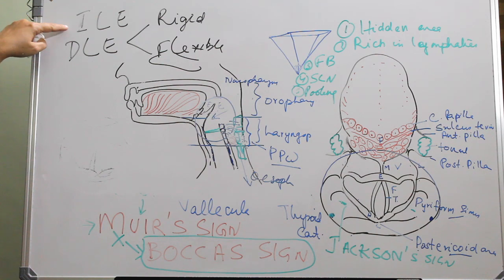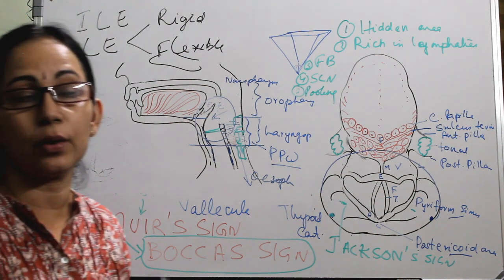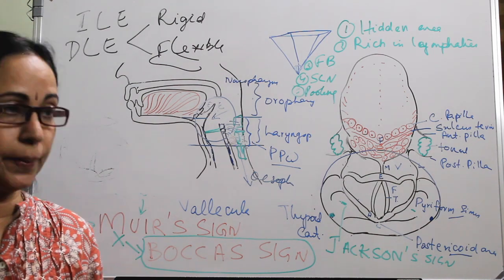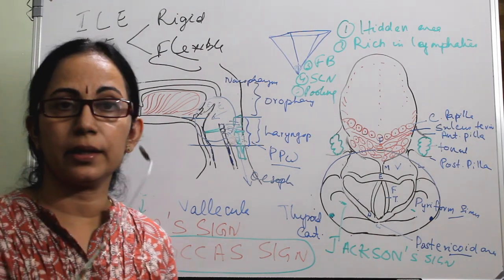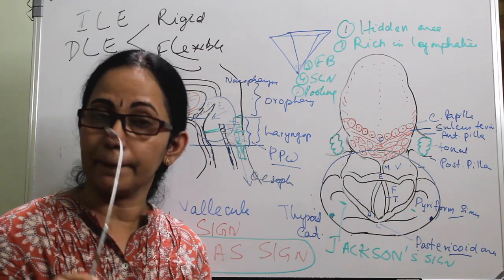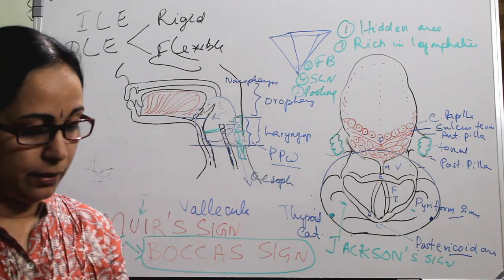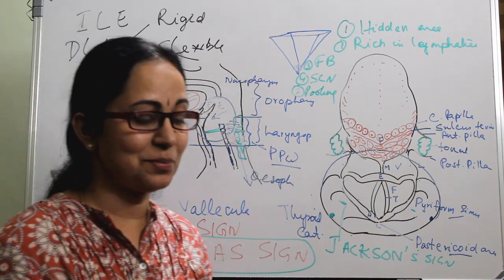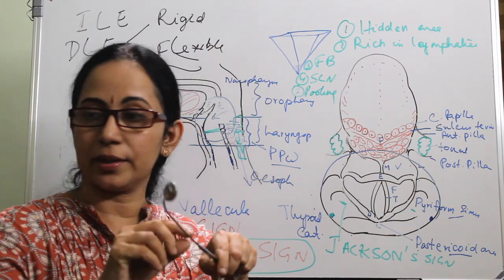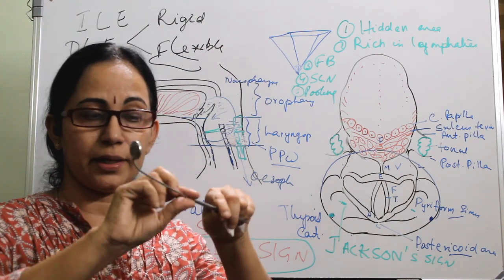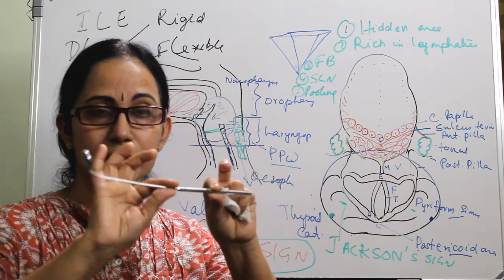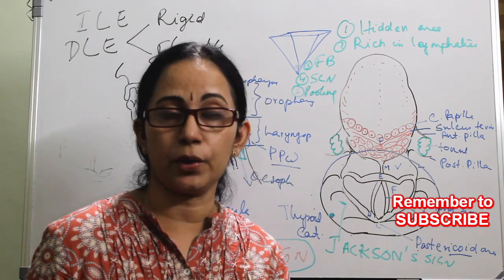Of this, the indirect laryngoscopy examination is very commonly or routinely done in our OPDs using an indirect laryngoscopic mirror. You have to differentiate it from a post-nasal mirror. The post-nasal mirror has got a curve here, but the indirect laryngoscopic mirror is straight. The patient is seated in front of you.